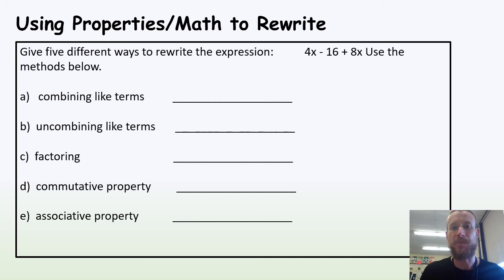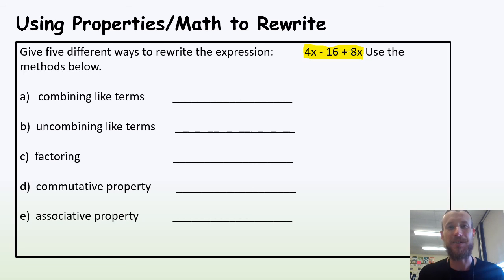If I have this expression 4x minus 16 plus 8x, how can I rewrite it using all of these different strategies? Combining like terms, uncombining like terms, factoring, the commutative property, or the associative property. Think about how you would do this before I show you some of the results. Please stop the video.